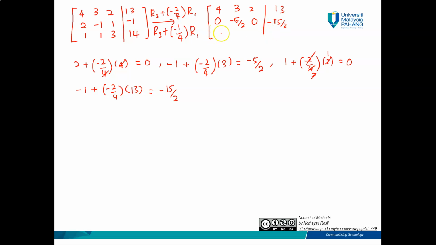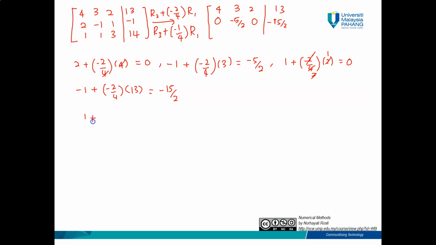And then the rest of the values here. For row number 3, we do the same way as what we did for row number 2, but now we use this formula. How to do that? This is R3. R3 means that now we go to row number 3. For the first column, we have here 1.